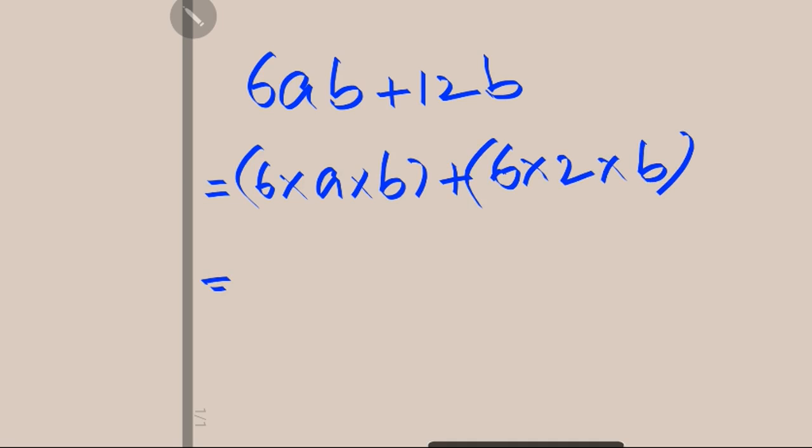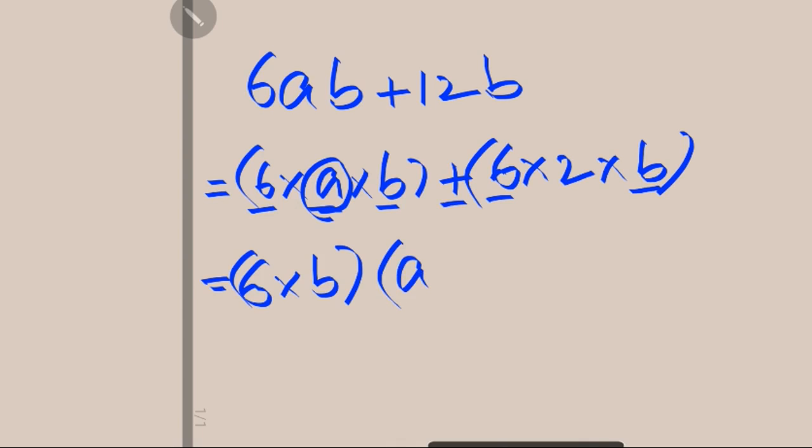Let us see now what the common factors are. 6 is common, and b is there in both terms, so that is also common. So 6 into b, 6 and b are common factors, write them in product form and open the bracket. Now after taking 6 and b, what is left? a is left, write it here, a plus, and in the second term what is left, 2 is left, write it here.